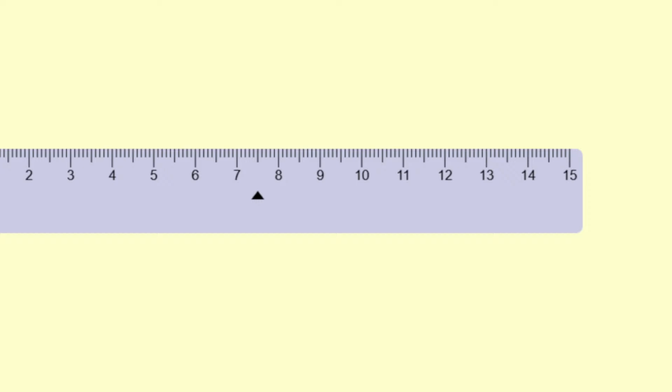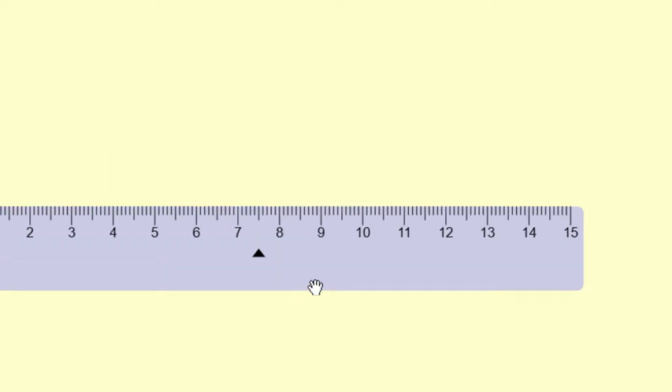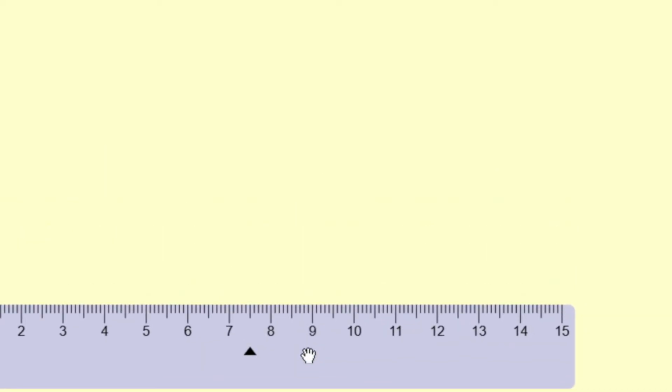So first of all, we have to draw BC. The length of BC is equal to 6 centimeter. So with the help of a scale, you have to draw BC as 6 centimeter. Your pencil should be sharp.